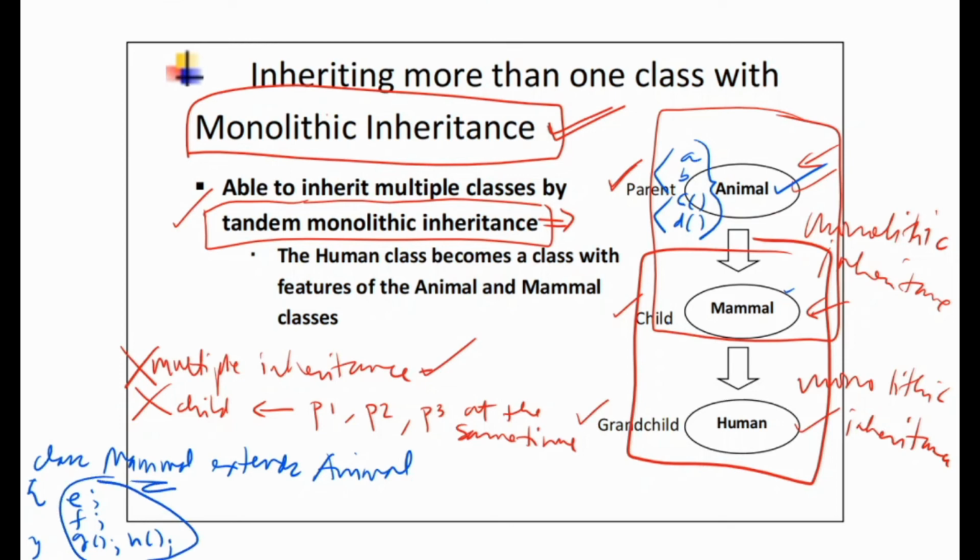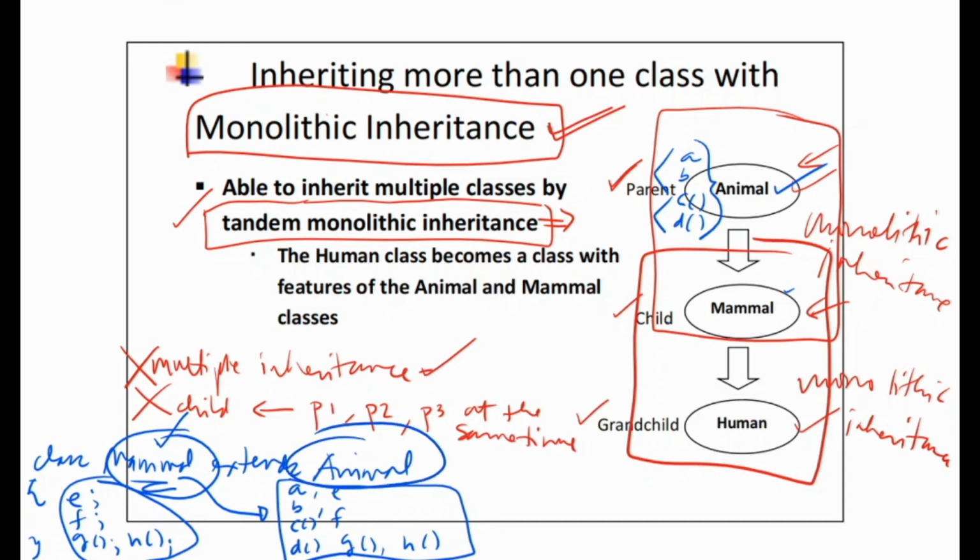So all in all, mammal has all of these features. It has fields A, B, methods C, D, fields E, F, and method G and method H. So these are all the features of mammal, which is a subclass or child class of animal.